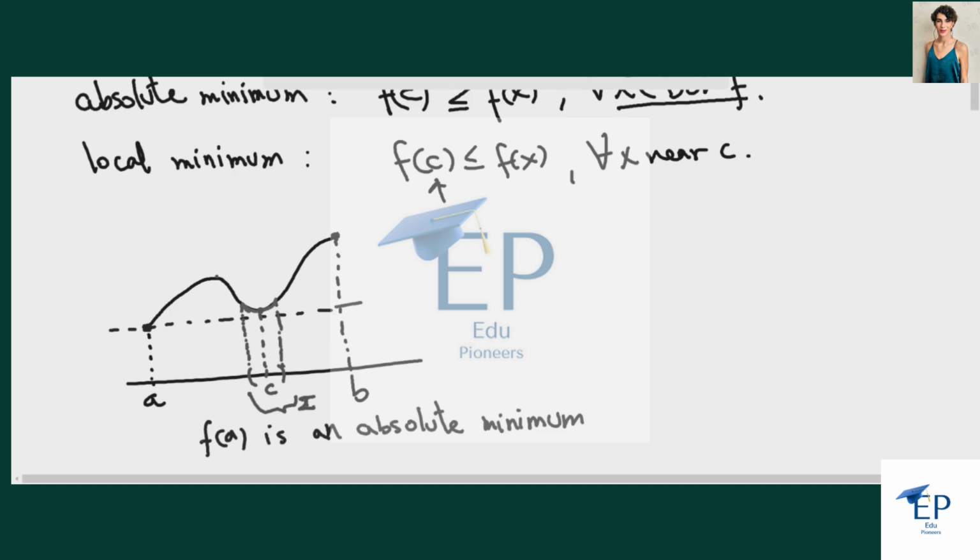We cannot say, for example, that at this point we have a local minimum. It's not true that if we look close to this point only, the image of that point will be the smallest. On the contrary, at this point we have a local maximum. For example, let's put another interval here.